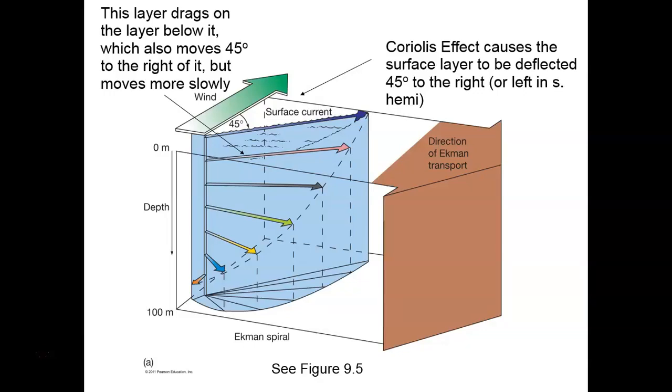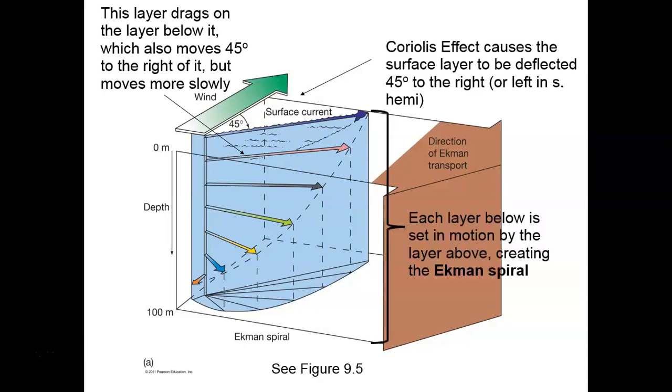This layer drags on the layer below it, which also moves 45 degrees to the right of it, but moves more slowly, and it will continue dragging until it gets to the thermocline. And so if you were to look at each layer of water, you would see that it would create a spiraling effect. And this is called Ekman spiral.